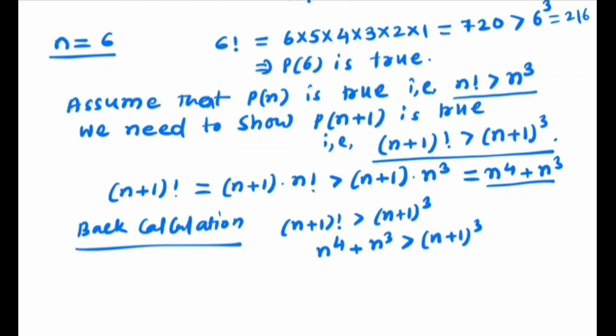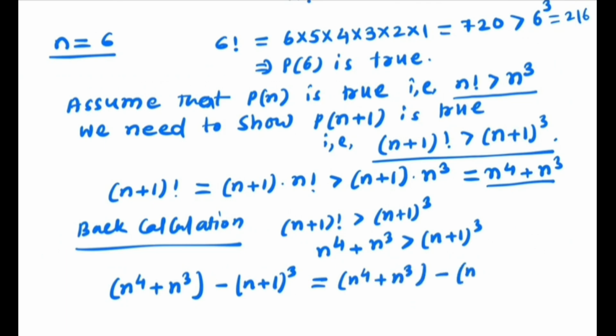If we take the difference, which is n^4 plus n cube minus n plus 1 cube, which is n^4 plus n cube minus n cube plus 3n squared plus 3n plus 1, so we will get n^4 minus 3n squared minus 3n minus 1.